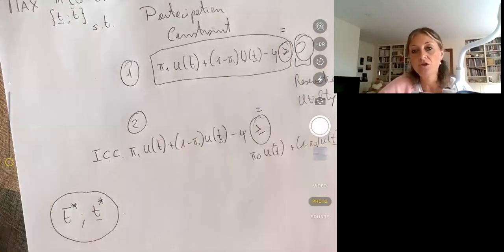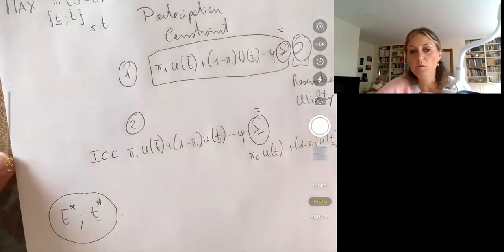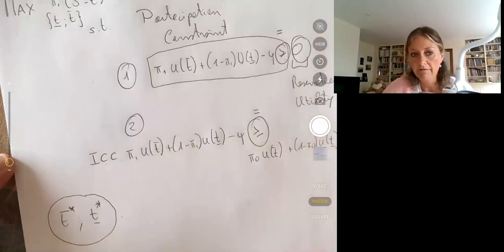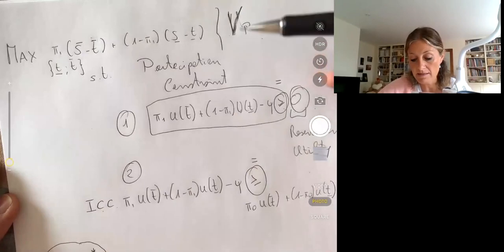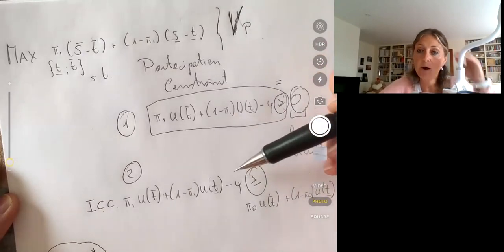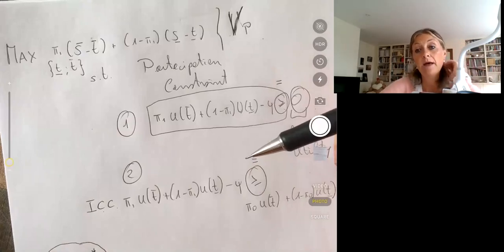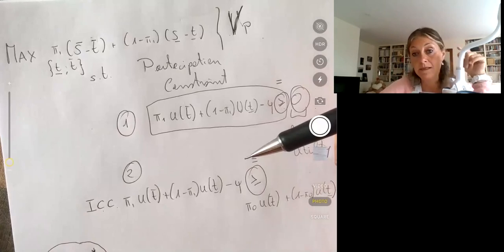Okay? So just to recap, we have one utility function that needs to be maximized under two constraints. And now we see what kind of assumption needs to be made in order to implement the procedure that we're going to see.